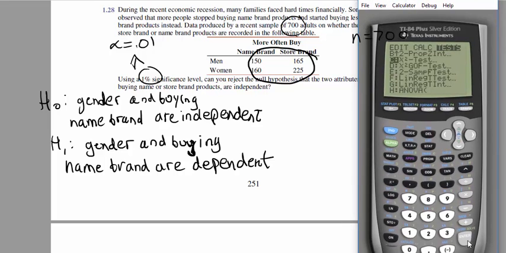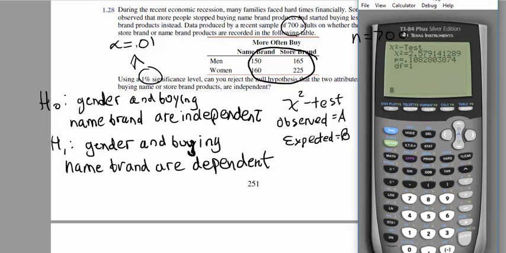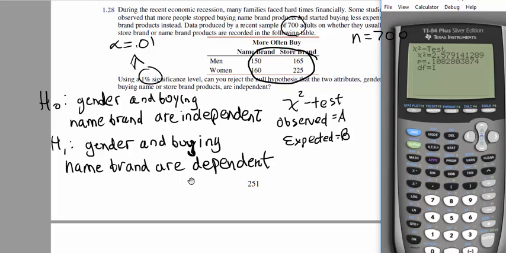All right, chi-squared test. And so, again, this is actually easier than the test of independence because you didn't have to calculate the expected counts or frequencies on your own. So the observed is in A, the expected is in B, and then we're going to scroll down and calculate this and then write down our test statistic, our p-value, and our conclusion.